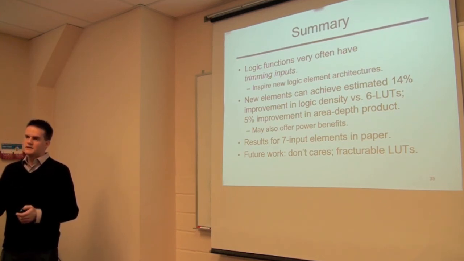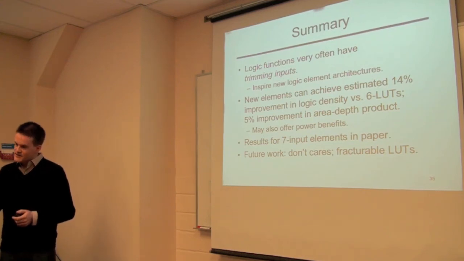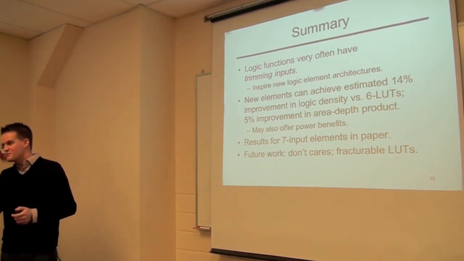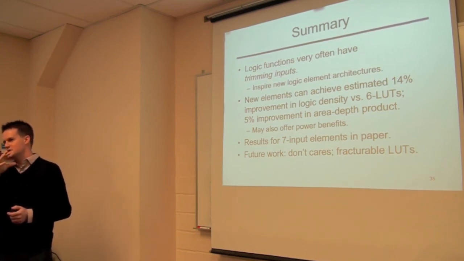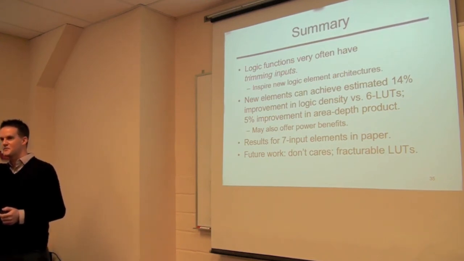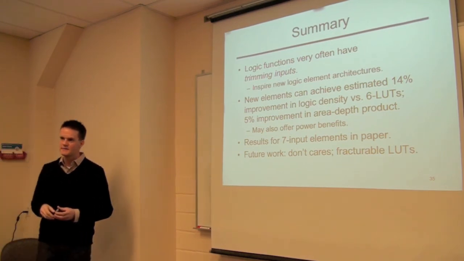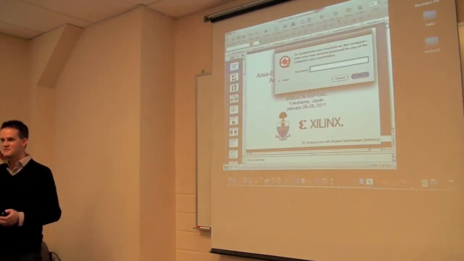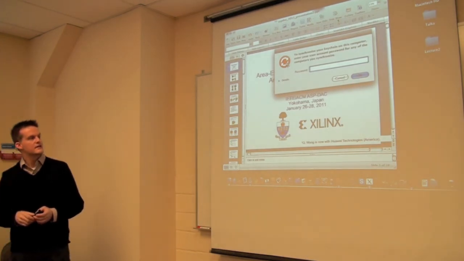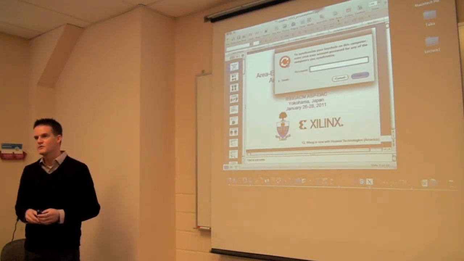So basically when you're choosing one, you have to take one signal, let's say has a trimming input, and put it to a particular input of your logic element. Even in a standard 6 LUT architecture, you still had to route that signal to the logic element, but you might be locked to a specific pin. Now, if getting to that pin cost you more routing area, if you had to take a roundabout path in the routing to get to that pin, then indeed, if that was a very toggly input, that would hurt you for power.